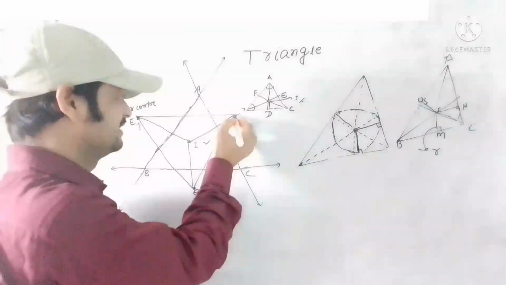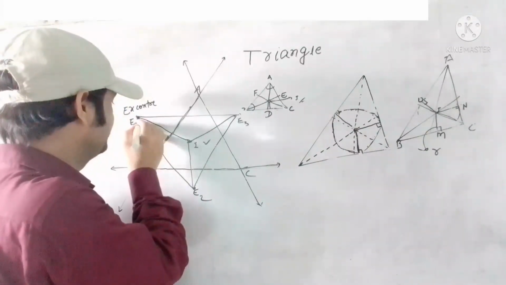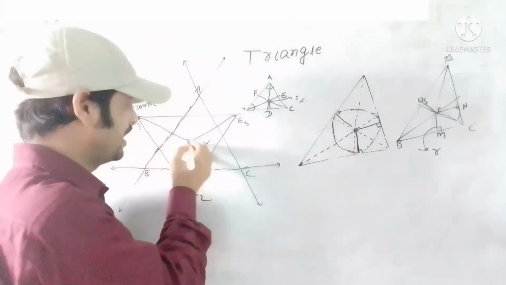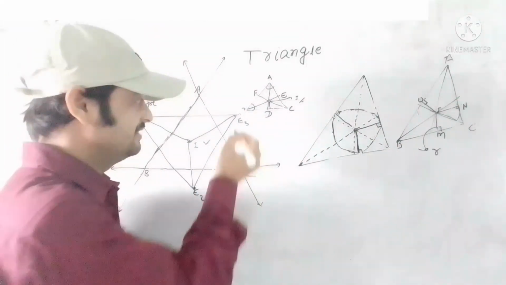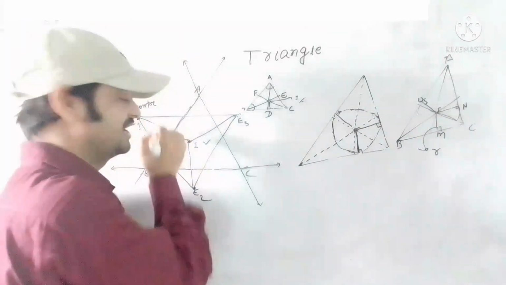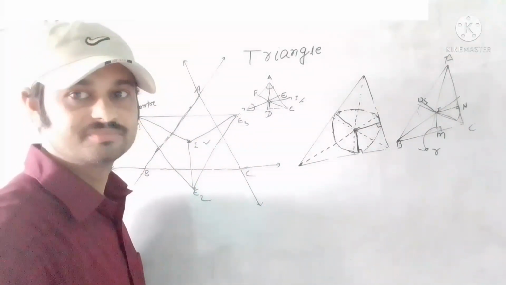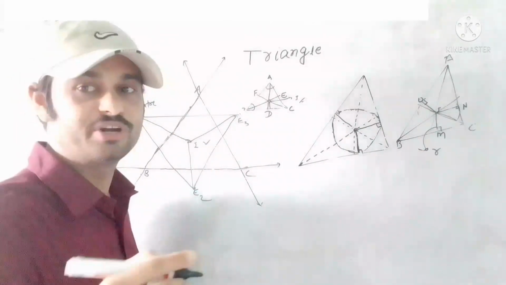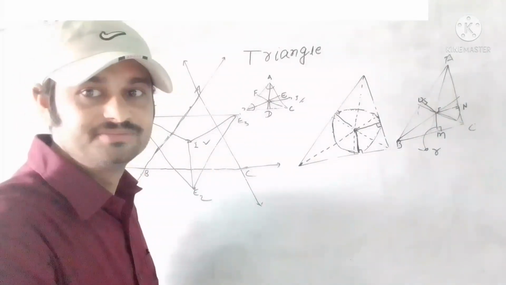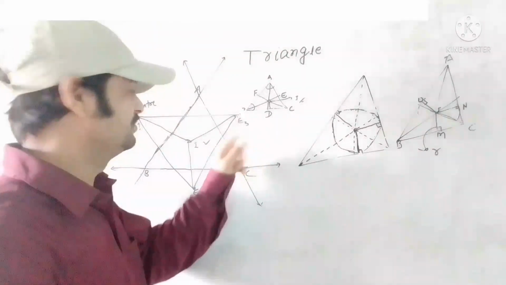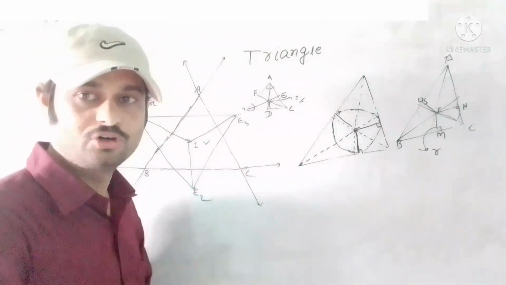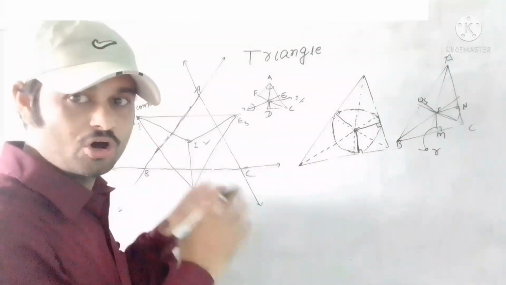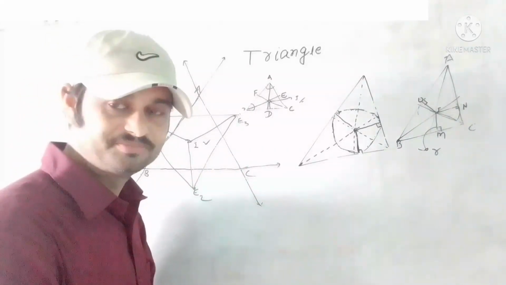If we take this triangle E1, E2, I, then this is the orthocenter of this triangle. And for the larger triangle, this incenter is known as the orthocenter of E1, E2, E3. So this system is known as the orthocentric system.